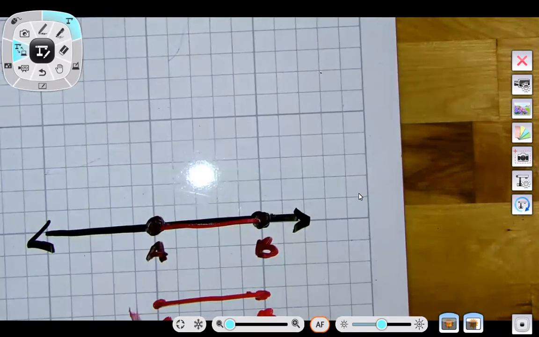So a line is way bigger than a line segment. And in a line, you can find one line segment or even more.